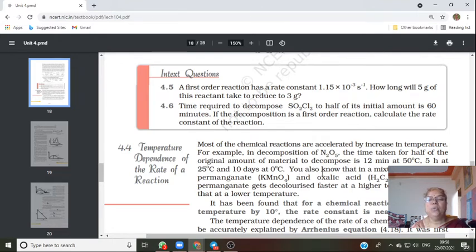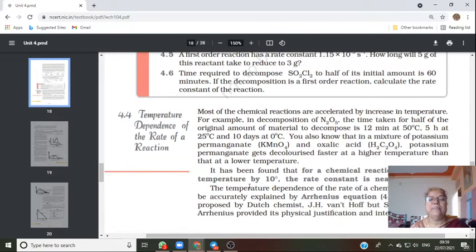You also know that the mixture of potassium permanganate and oxalic acid gets decolorized faster at higher temperature than at lower temperature. And it has been found that for a chemical reaction, with a rise in temperature by 10 degrees centigrade, the rate constant is nearly doubled.